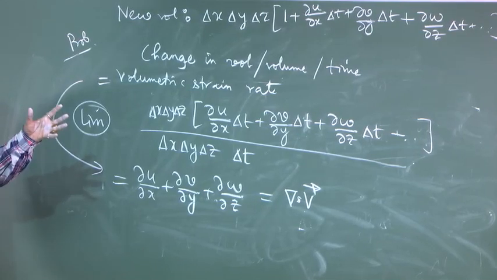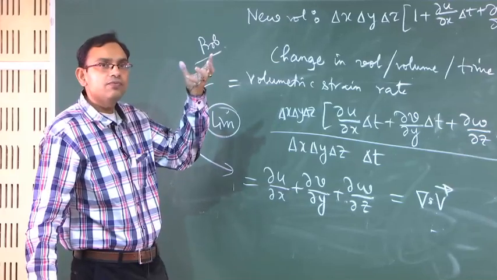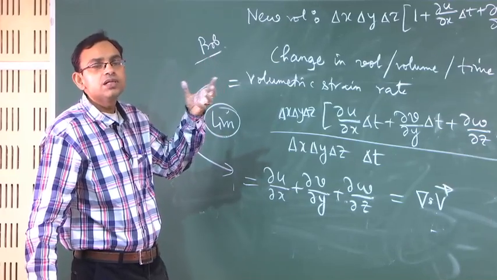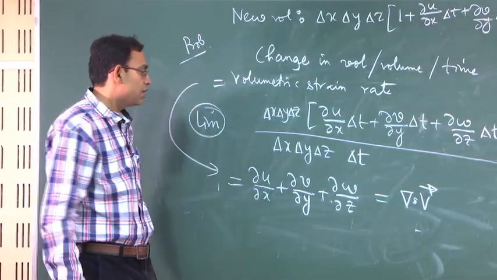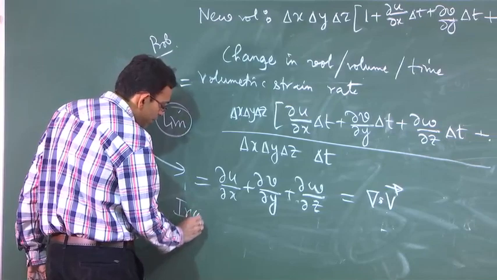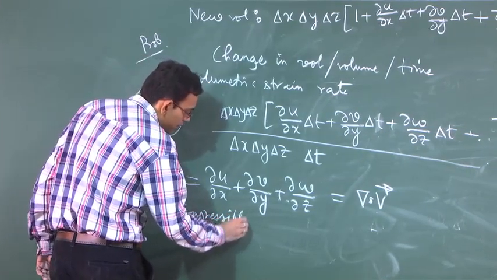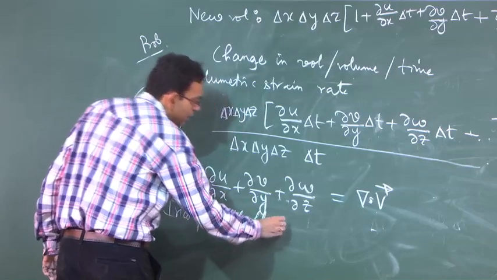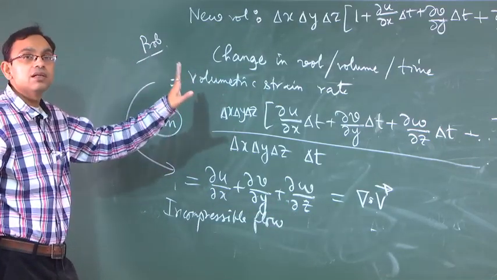Now, there is a special physical situation when you have a volume element which is not changing in volume, and such a situation is called incompressible flow. Incompressible flow is a kinematic definition where there is no volumetric strain.